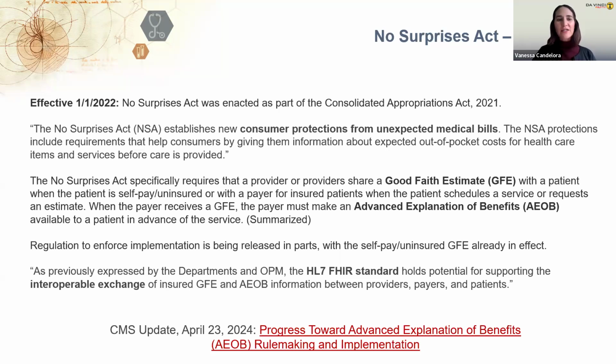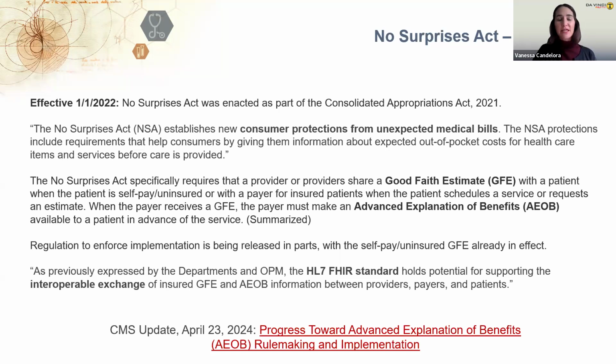And so the No Surprises Act specifically requires that a provider or providers share a good faith estimate with a patient if that patient is going to be paying through self-pay or they're uninsured, or they need to share it with a payer for insured patients when the patient schedules a service or requests an estimate.